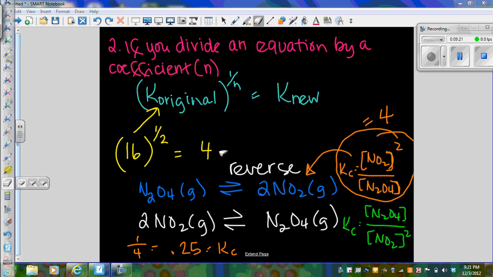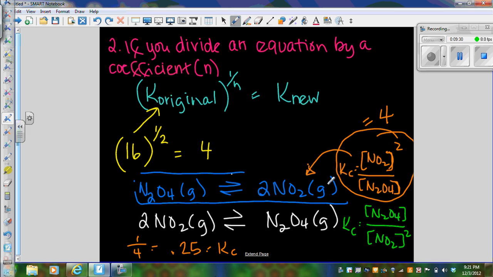let me erase some of this stuff. Let's just talk about how for the reaction that I wrote in blue, if the equilibrium constant for this was 4, you know that it's shifted toward the right, so it's product favored.